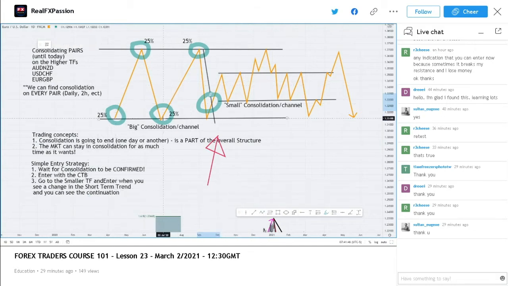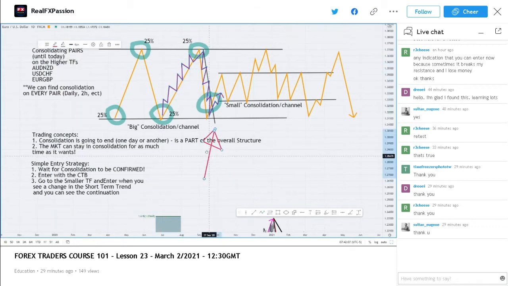On the bigger scale, you won't see this, but on the smaller scale you will. So if the daily is in consolidation, then we're going to look at the 1 hour, 2 hour, 4 hour chart, and we are going to see the change in the short-term trend. Something like this. The blue one. Makes sense, everybody? Any questions so far about how to trade consolidation, how to trade support to resistance levels?